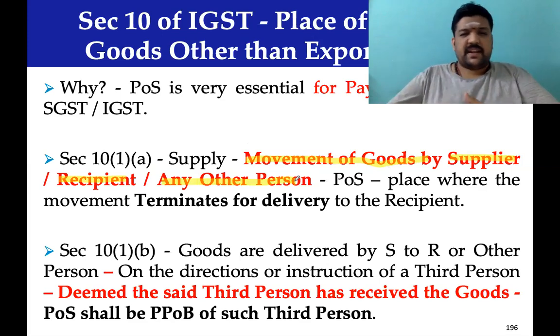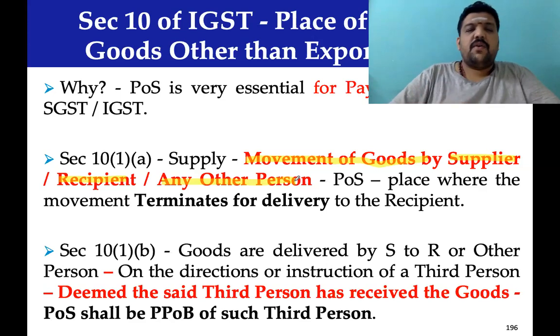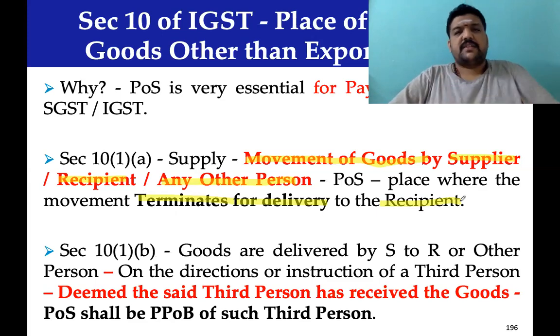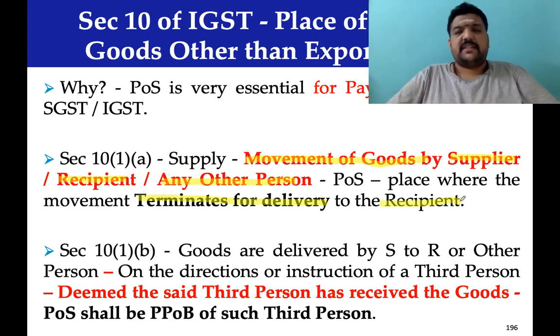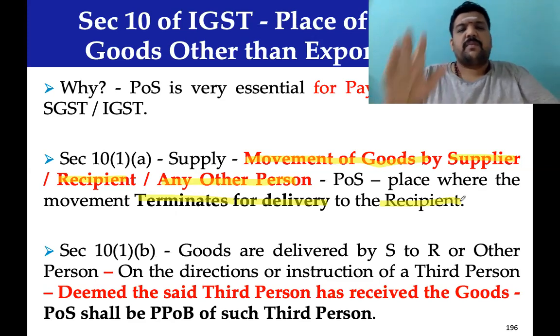Any other person means a carrier, transporter. Place of supply will be the place where the movement terminates for delivery to the recipient. Ask a very fundamental question: where does your movement terminate? The place where the movement terminates, that is going to be your place of supply.